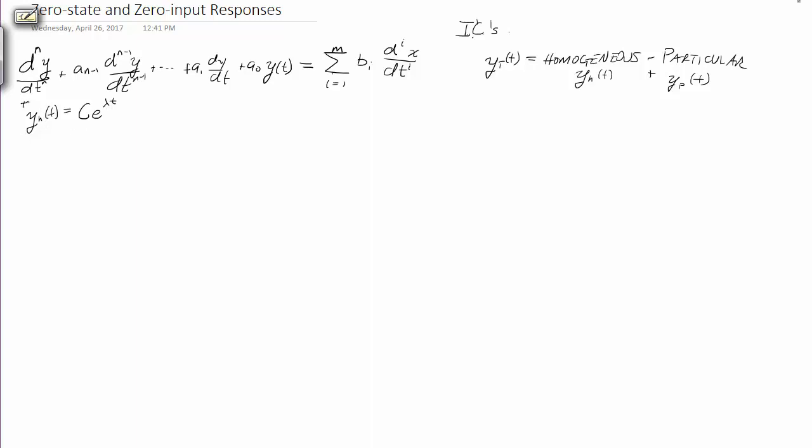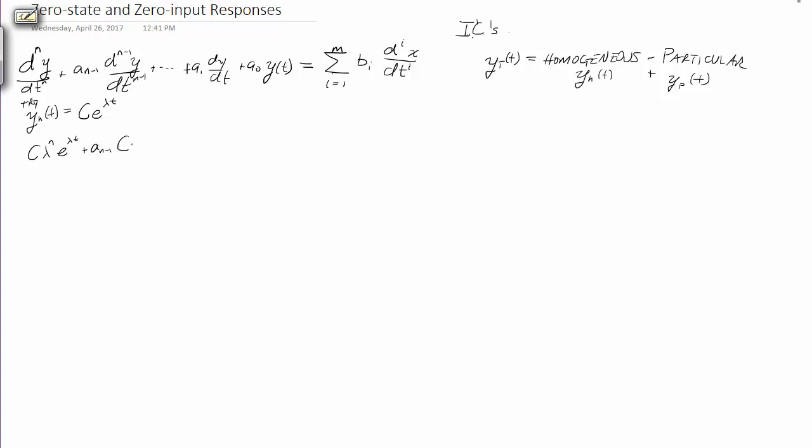So if we try this function in the homogeneous part of our given differential equation, what happens when we differentiate this function n times? Well, the lambda will drop down n times, so we get c lambda to the n e to the lambda t. Now I want to add that to a_(n-1) times the homogeneous attempt after n minus 1 derivatives.